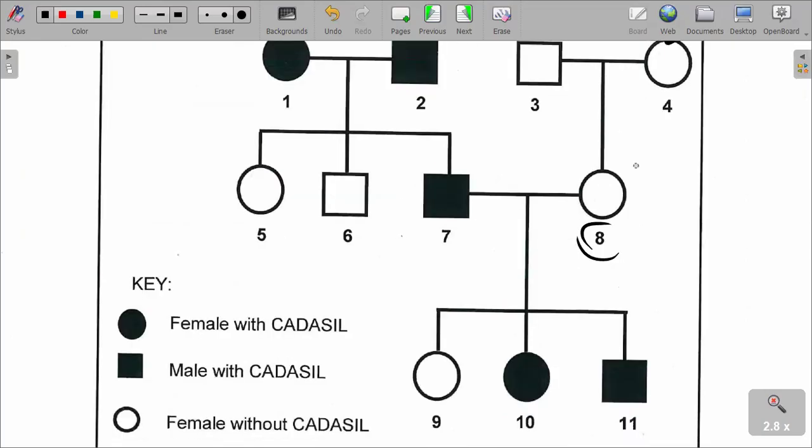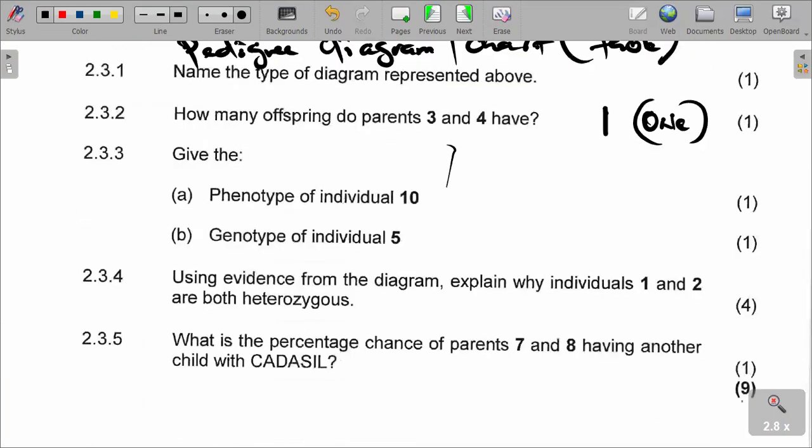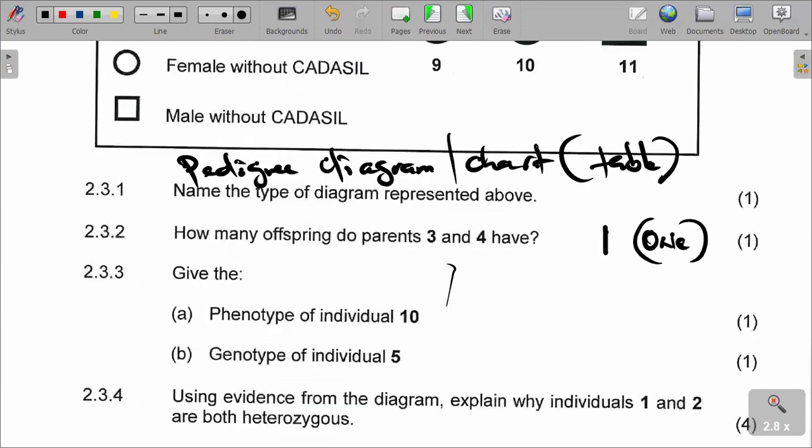The next question is: give the phenotype of individual 10.